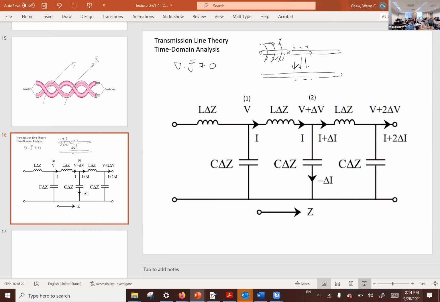Now, I have two wires. I just inject current into these two pieces of wire. I can never guarantee the current will be constant. It will only be constant if, well, again, it goes back to the retardation effect, it will only be constant if it is DC.